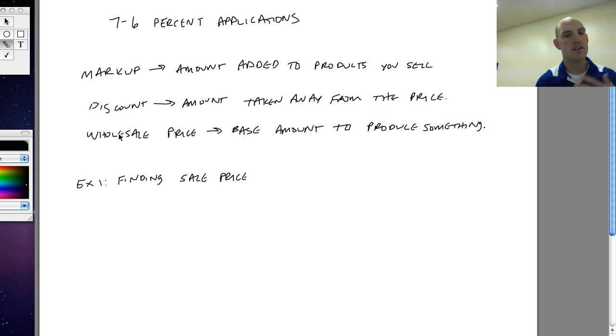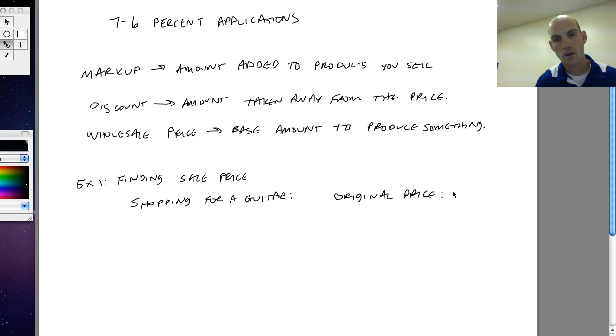And so let's imagine you're shopping for a guitar. So when you're shopping for your guitar, the original price is $160.